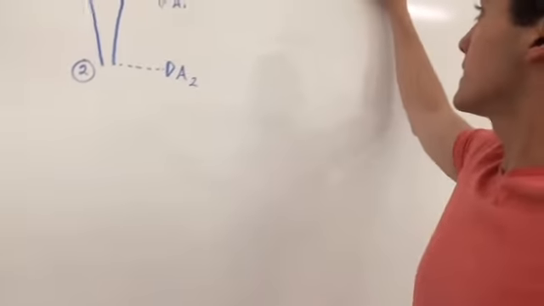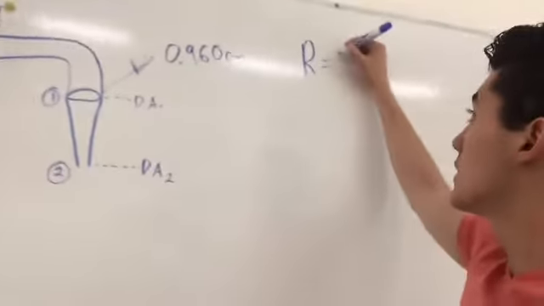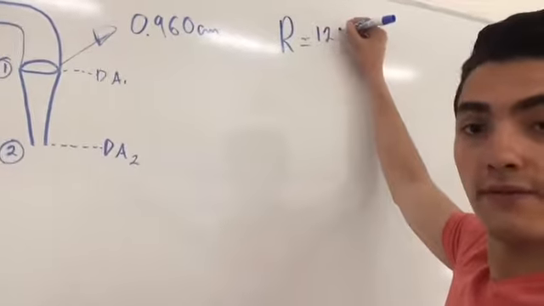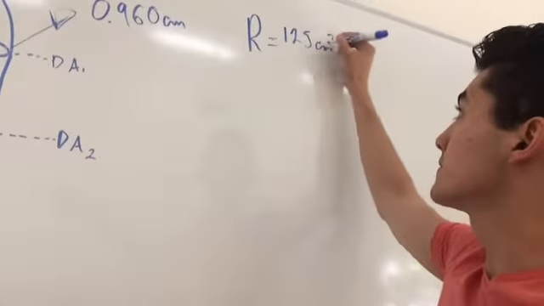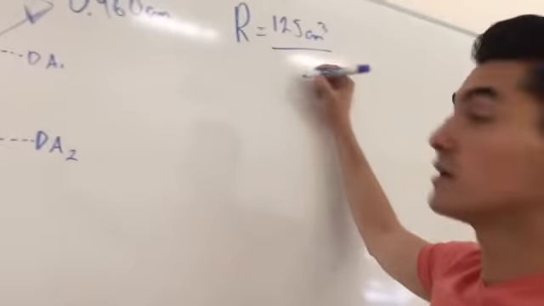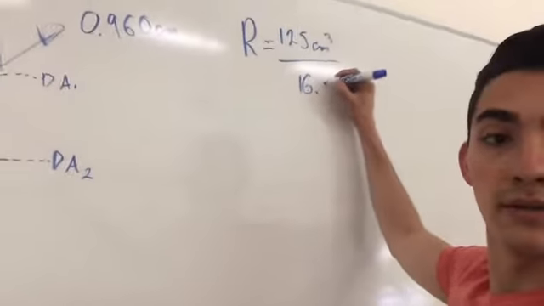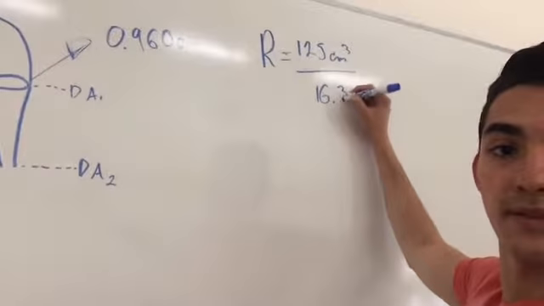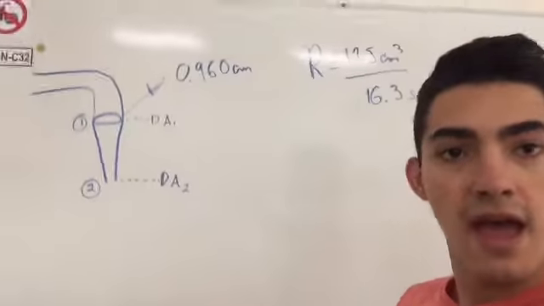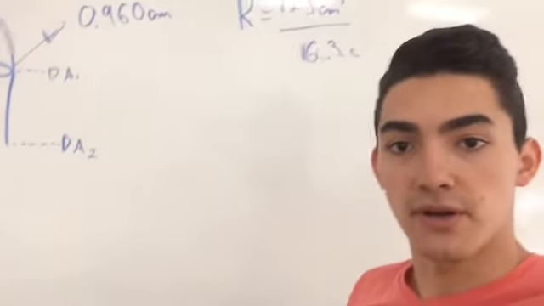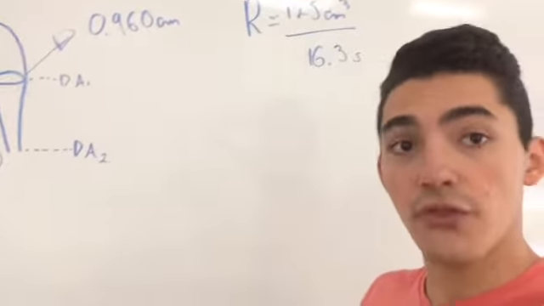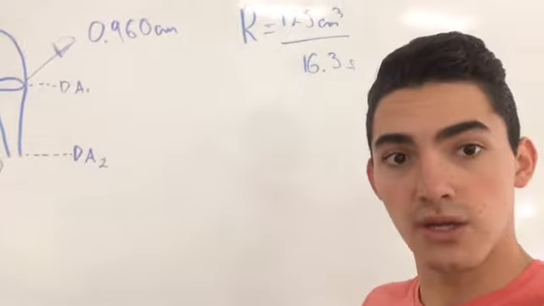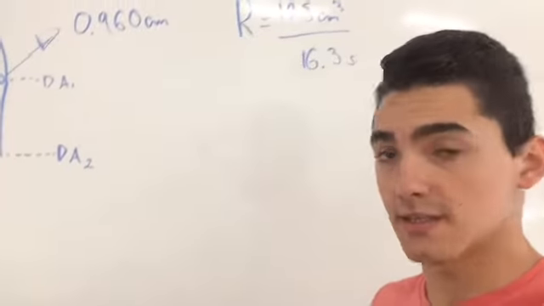So our rate of flow will be equal to 125 centimeter cube per 16.3 seconds. Okay? We have to find the diameter of the stream 13 centimeters below the opening of the faucet.